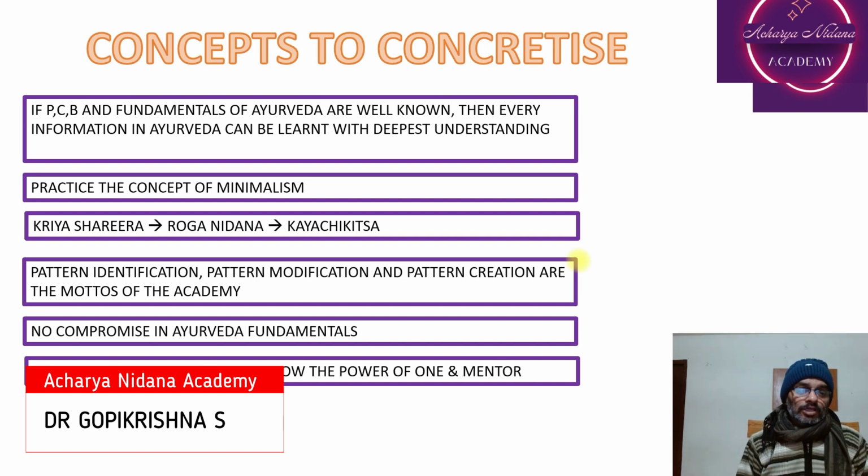And the fourth major concept: if you want to have great learning, try to identify patterns. Pattern identification is necessary for pattern modification, which may be helpful in creating a new pattern, that is pattern creation.